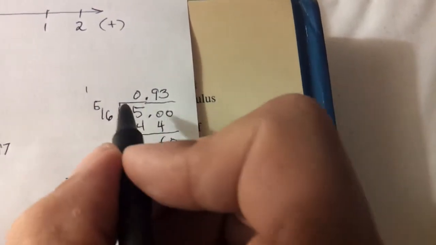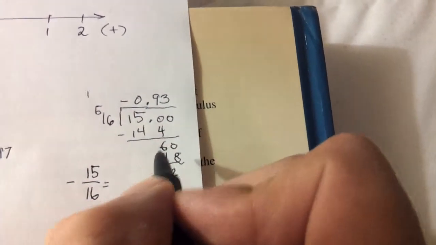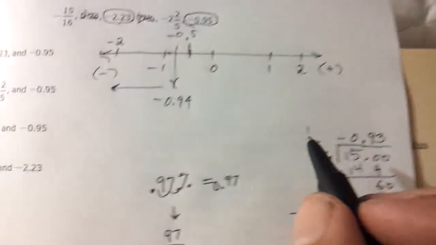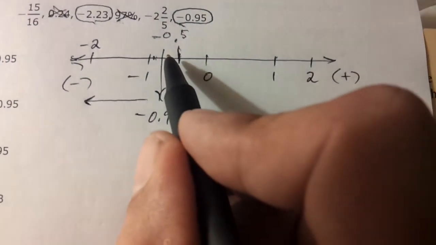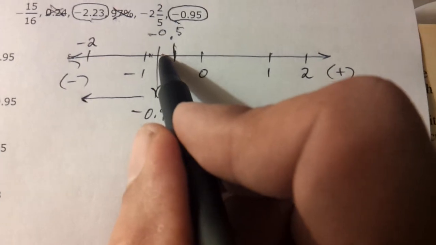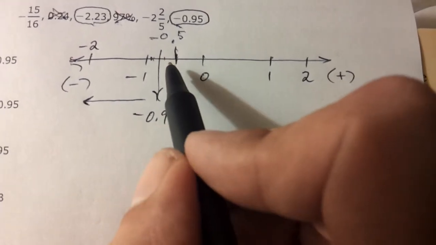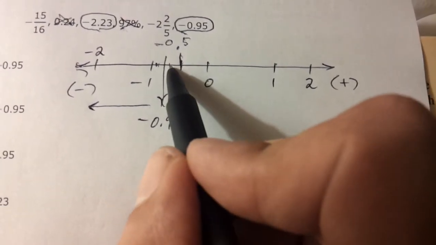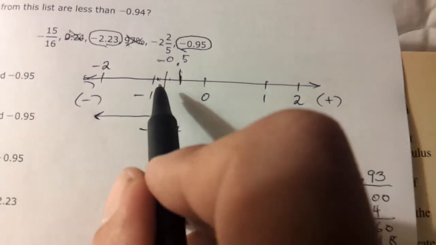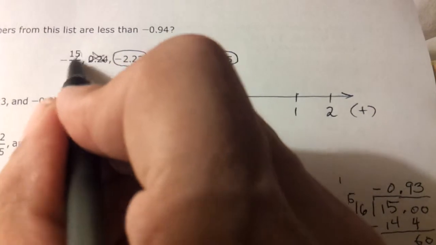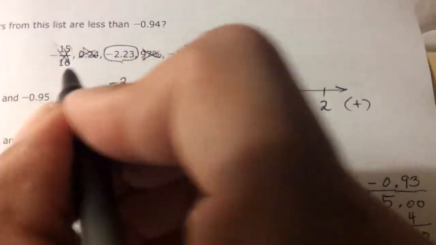So we've got about negative 0.93. Now let's take a look. Negative 0.93 is smaller than 0.94, closer to 0, so it's on the wrong side. 0.93 is right there. So negative 15 sixteenths does not work either.